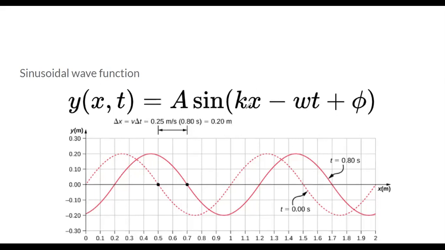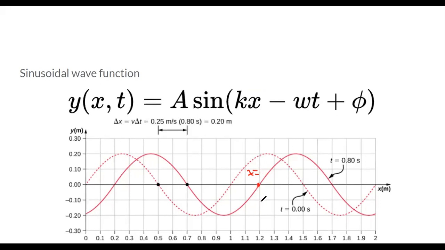There's the x variable that specifies a position. So if you pick a point here, that's x equals 1.2. If you lock that down, then the function just becomes a function of time, and that will tell you how this particular point is moving up and down as the pulses pass through it.